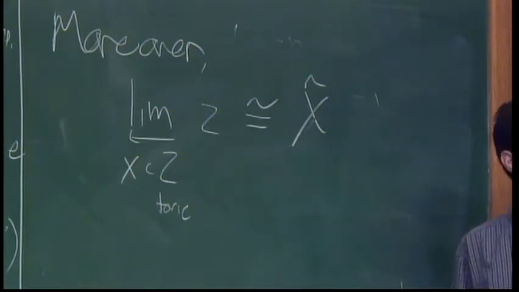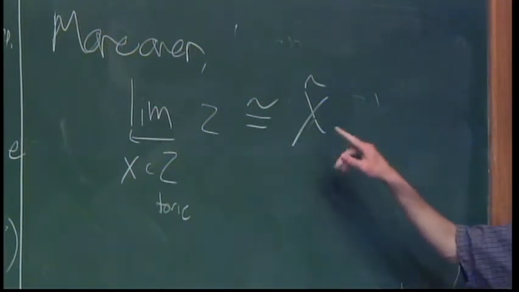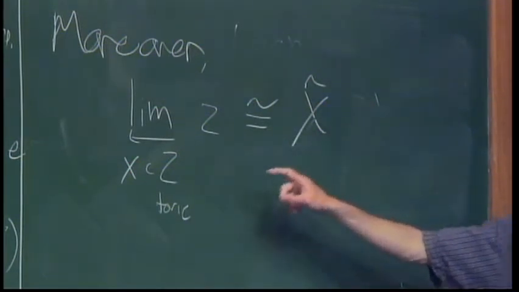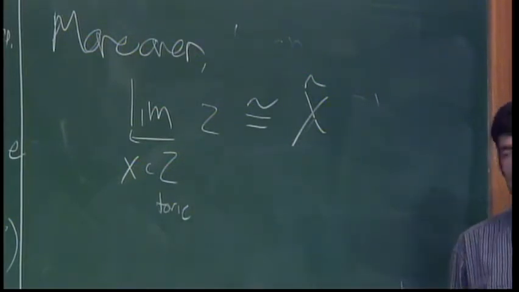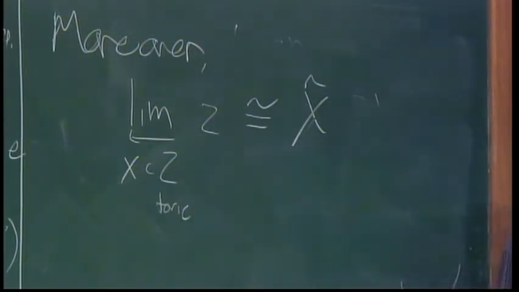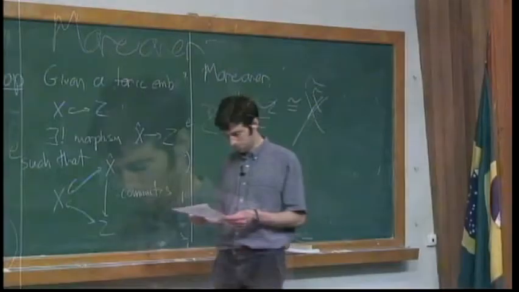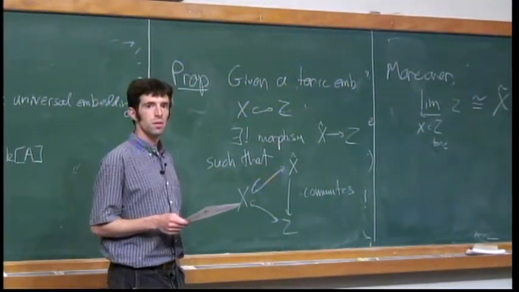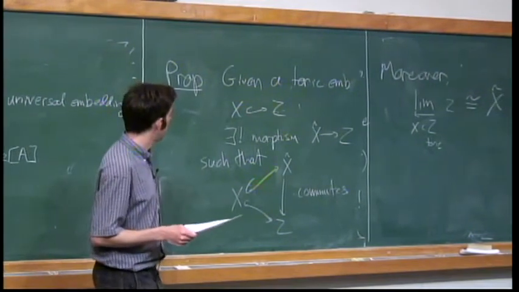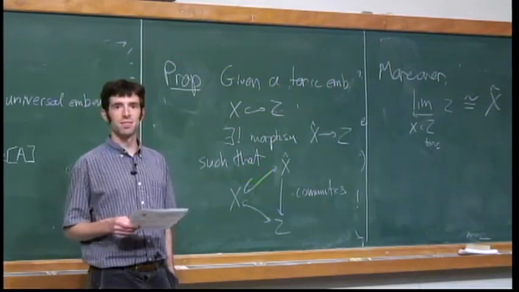But there's this one thing that for toric varieties you only look at monoids. So you can build the whole of X hat even by only looking at affine toric varieties. Yeah, that's a calculation. It's pretty straightforward and trivial. Yeah, I should have said that.